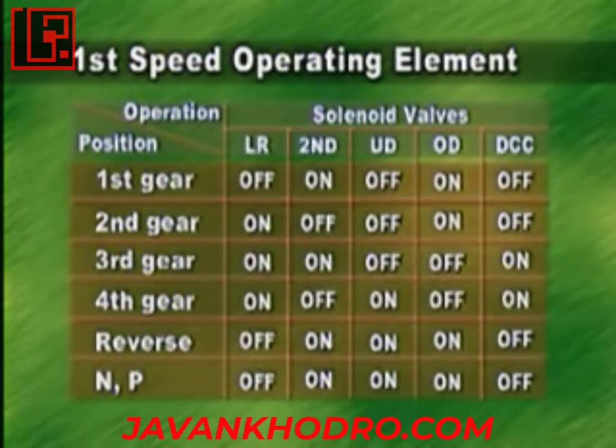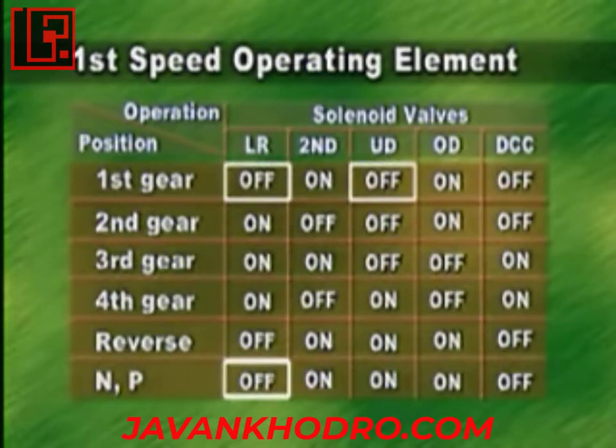In first gear, with a speed of 5 kilometers per hour or less, underdrive clutch and low and reverse brake operate. However, for the smooth control of N to D shock, low and reverse brake has already been operated in neutral.